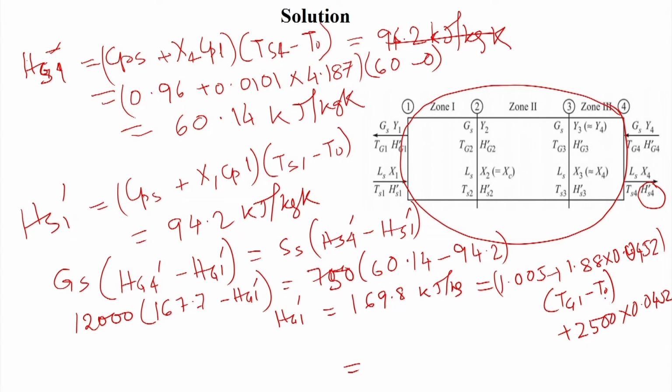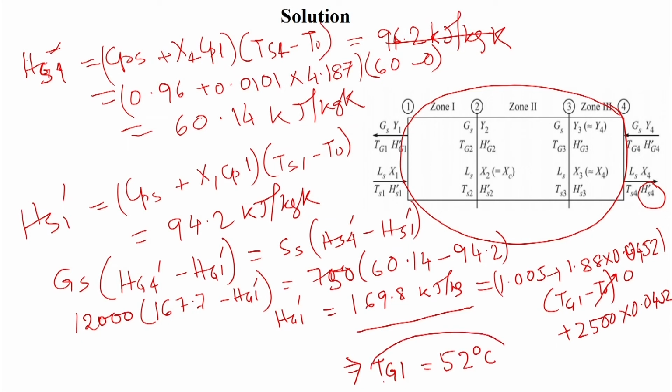Here you see T0 is equal to 0 degree Celsius, so we put 0. Now from this equation, 169.8 is equal to 1.005 plus 1.88 into 0.0452 into Tg1, plus 2500 into 0.0452. From there we get Tg1 as 52 degree Celsius.